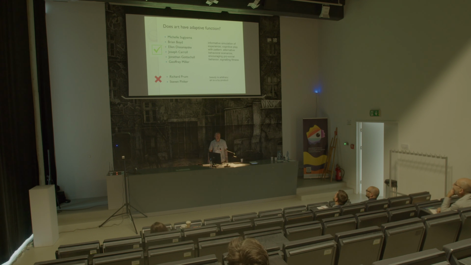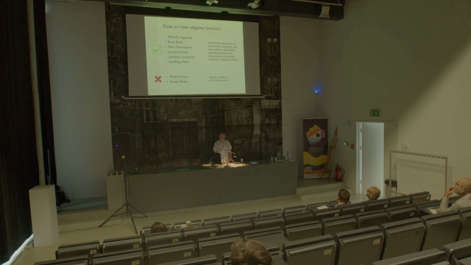Here we have some of the positions of the writers who are making the claim about the adaptive functions of art and of being an artist and art behaviors. One of the questions is: did art have an adaptive function in our ancestors? Does it still have this kind of function?